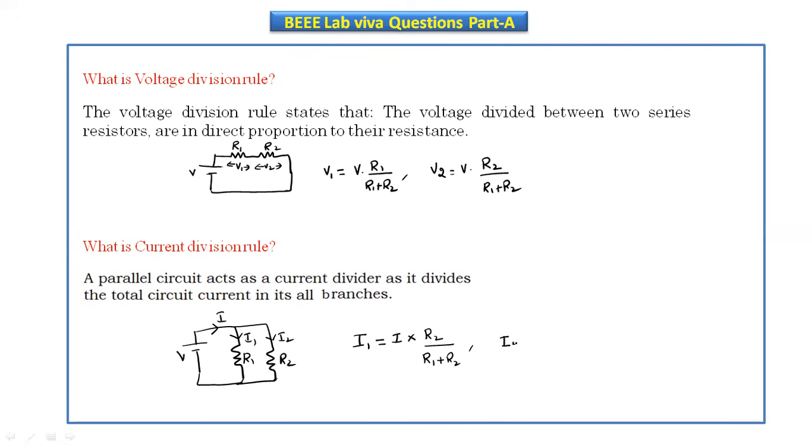Now we need to find I2, the current passing through the other resistor. For this resistor the opposite resistor is R1, so I2 equals the total current I times R1 divided by R1 plus R2. These are the formulas of the current division rule, and we can find the dividing currents by using them.